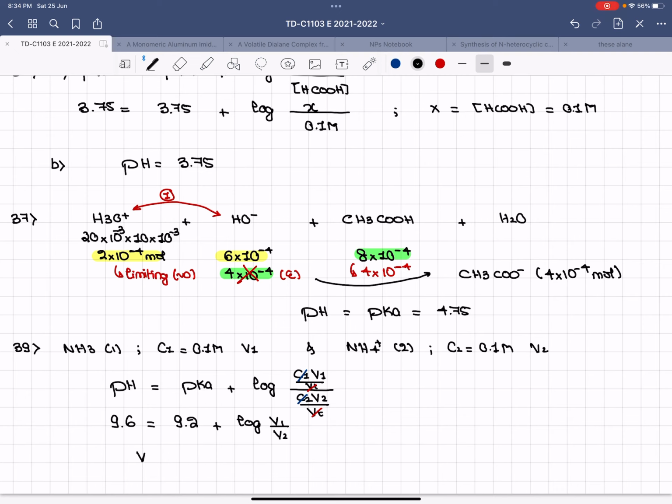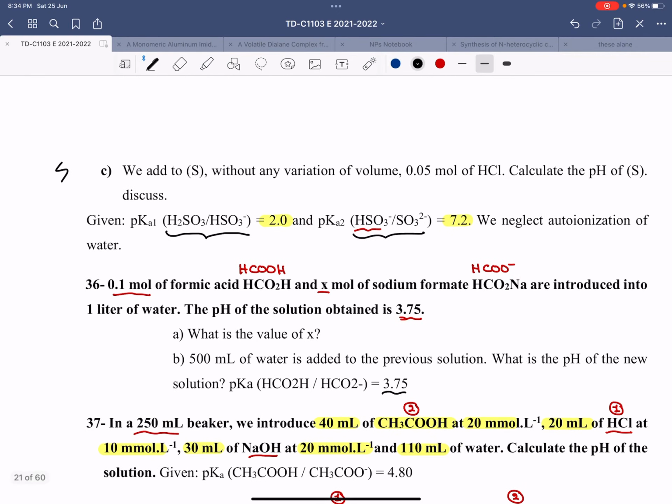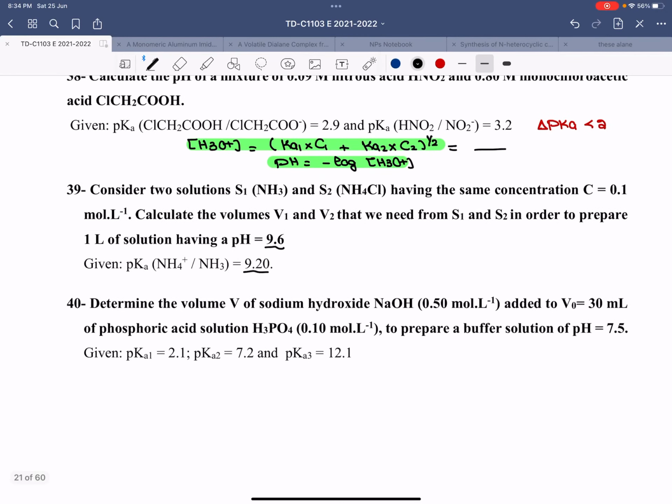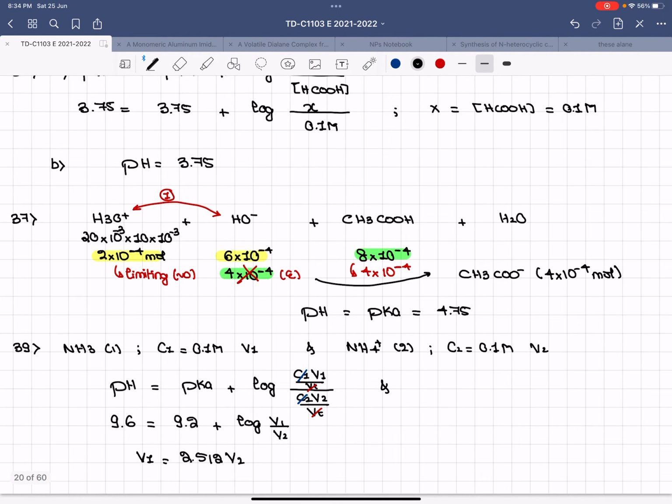So V1 is equal to 10 to the power 9.6 minus 9.2, 10 to the power 0.4 times V2. So it's basically 2.512 V2. And from the given, they also tell you to calculate the volumes V1 and V2 in order to prepare 1 liter, so the total volume is 1 liter.